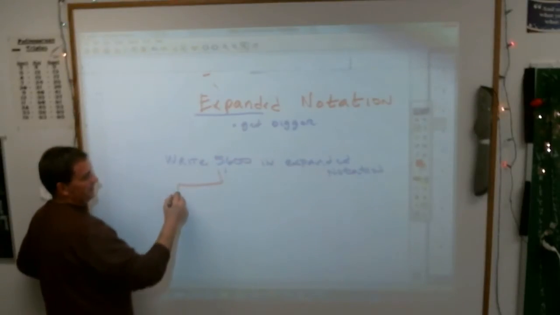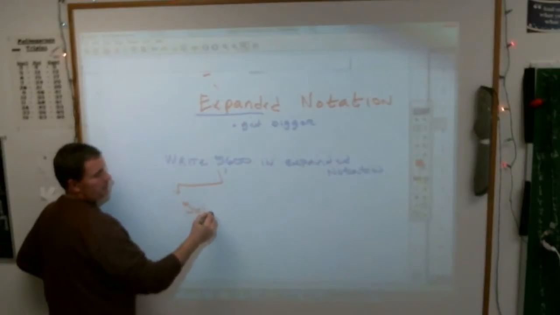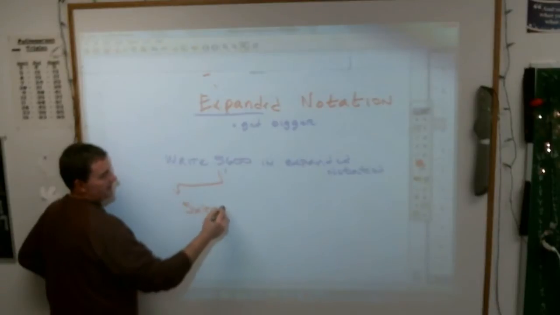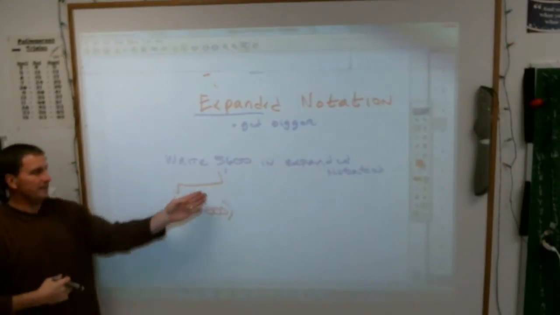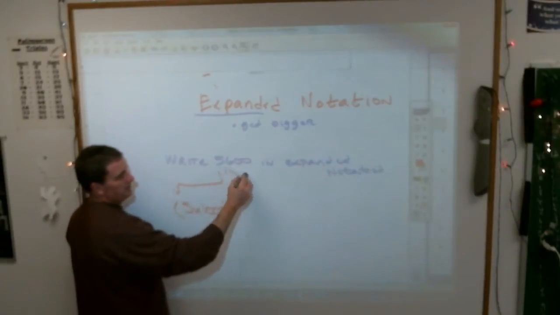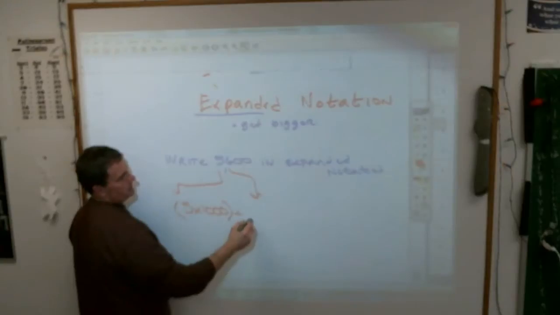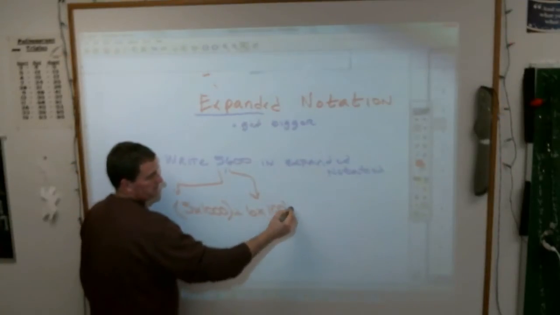This 5, because it is right here, doesn't just stand for 5, but it stands for 5 1,000s. So you write it as 5 times 1,000 and you put it in parentheses, because that's 5,000, 5 times 1,000. To that, you're adding what this 6 stands for, which is not 6, but 6 times 100.